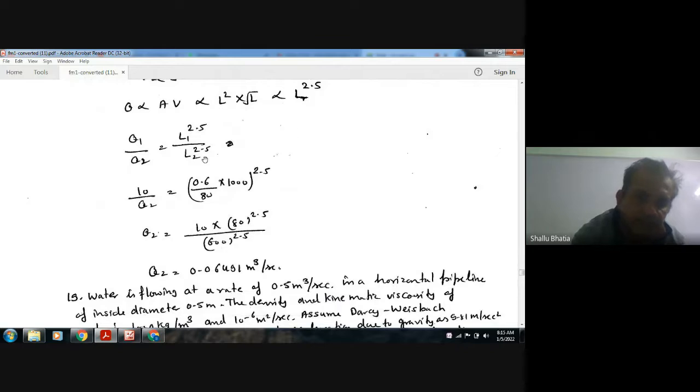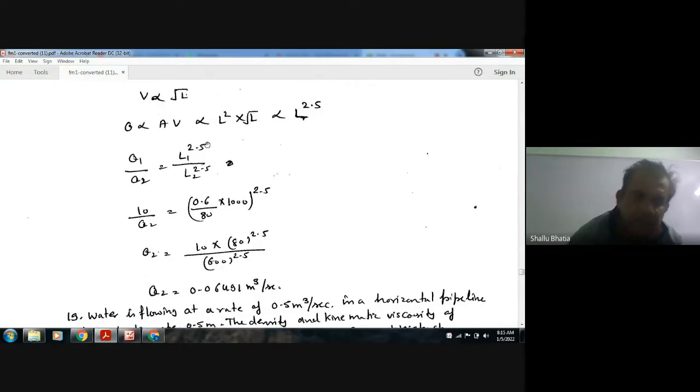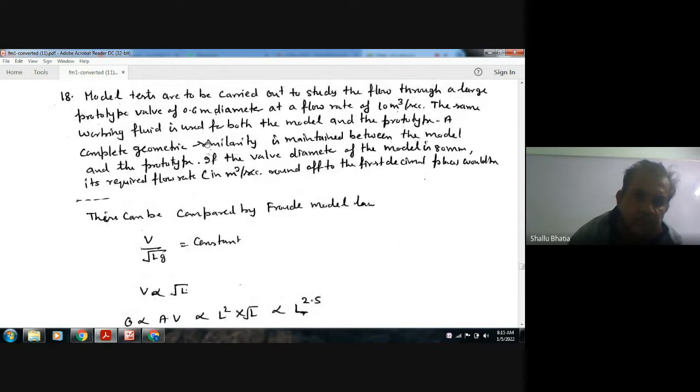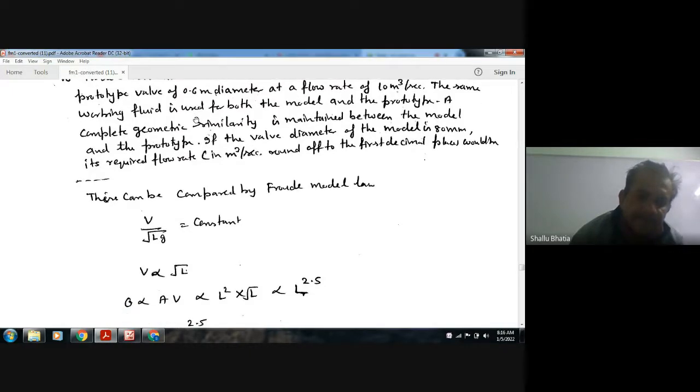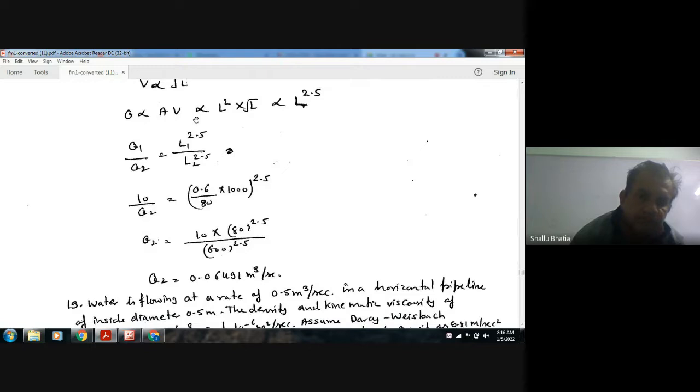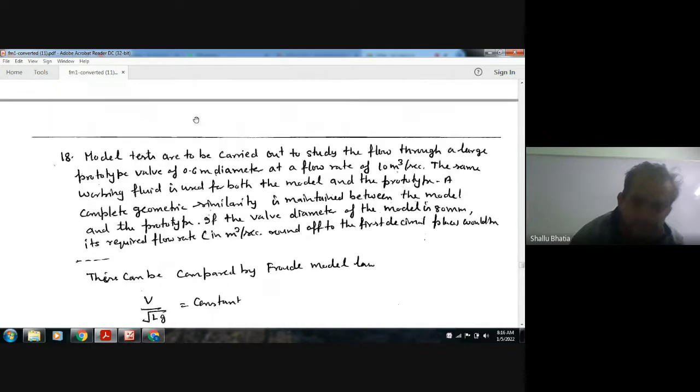Q1 is 10 divided by Q2, and L1 is 0.6, and L2 is 80.